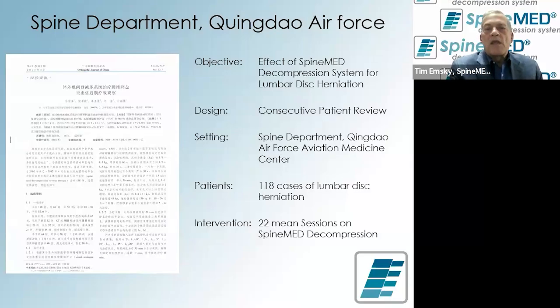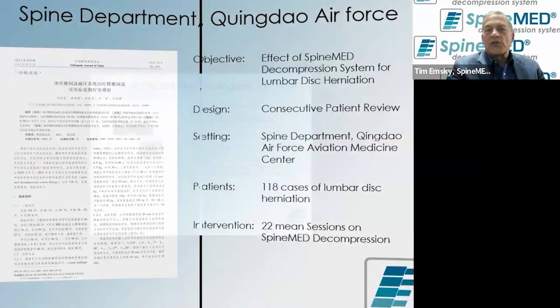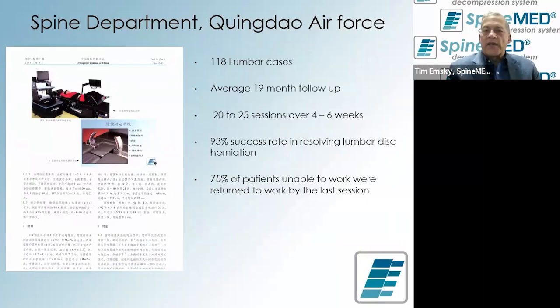In China, the Qingdao Air Force Medicine Center, they had a large case of 118 patients. They had an average treatment sessions of 22, and they were able to demonstrate a 93% success rate in resolving disc herniation, where the herniations were actually resolved. 70 and 75% of the patients were able to work by the last session of treatment.